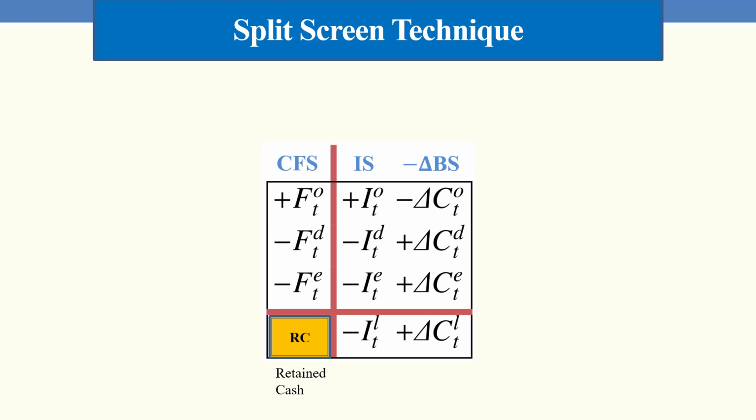Let's focus on the upper left partition. Statically, the cash retained is what remains from the operating cash flow after servicing the debt holders and the equity holders. More precisely, the difference between the operating cash flow and the cash flow to debt is the so-called free cash flow to equity, or potential dividends.